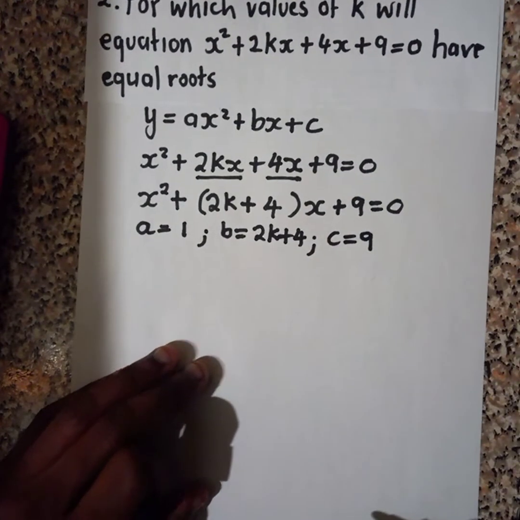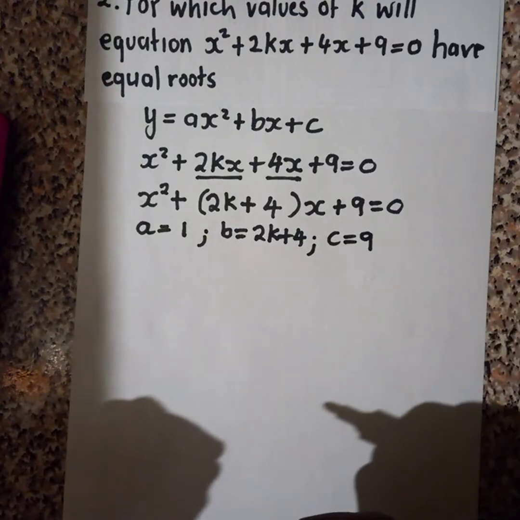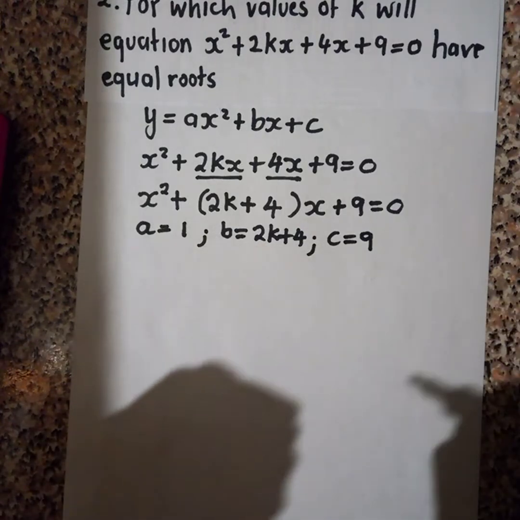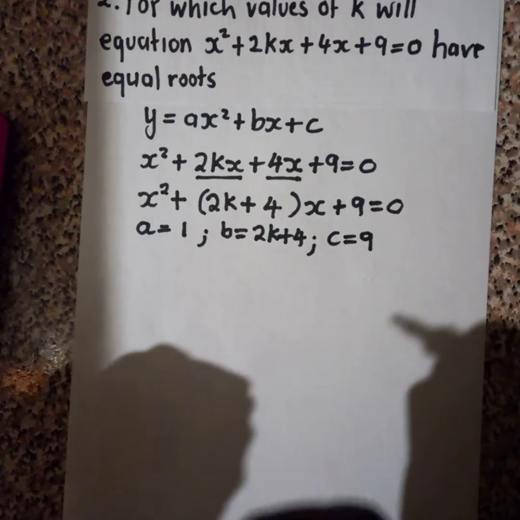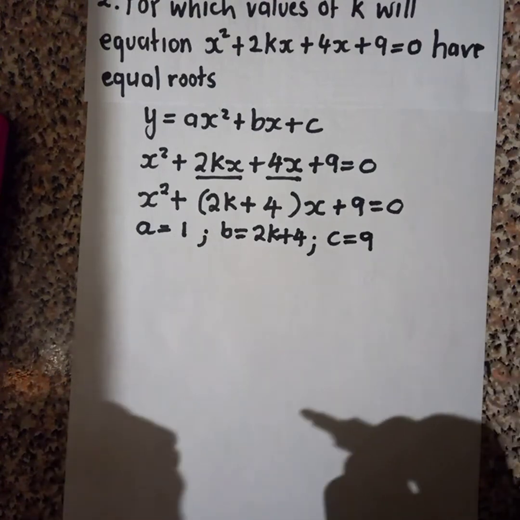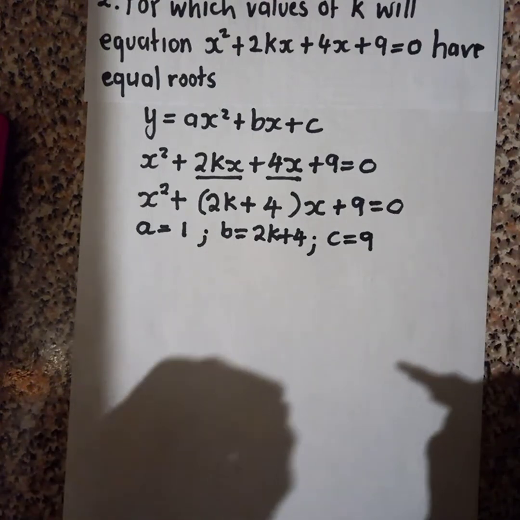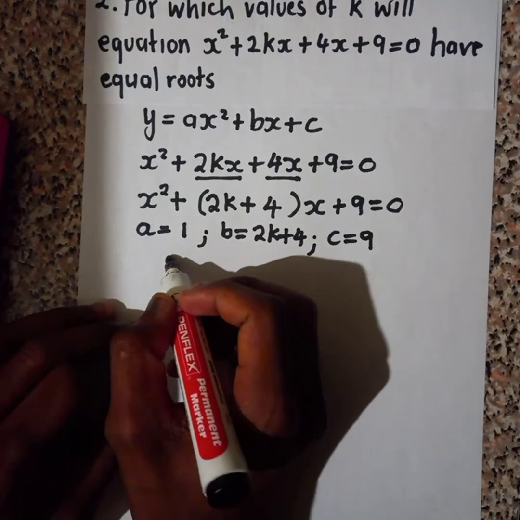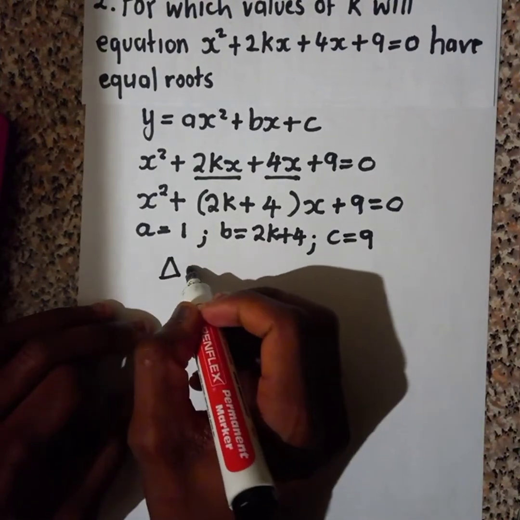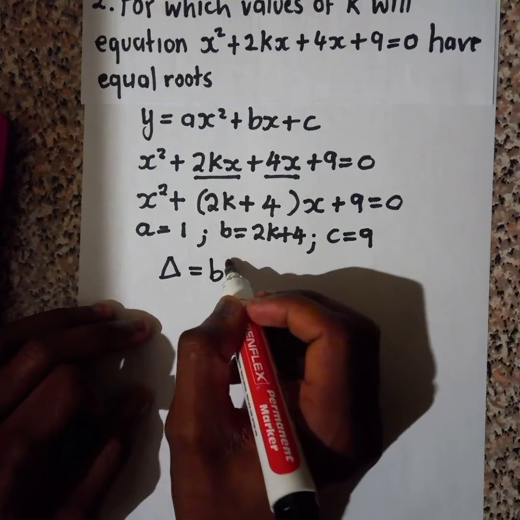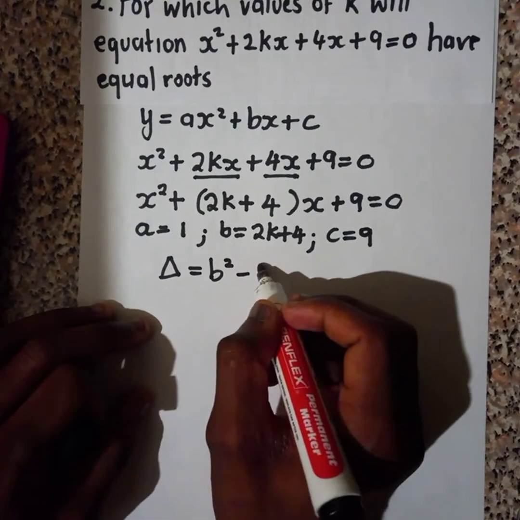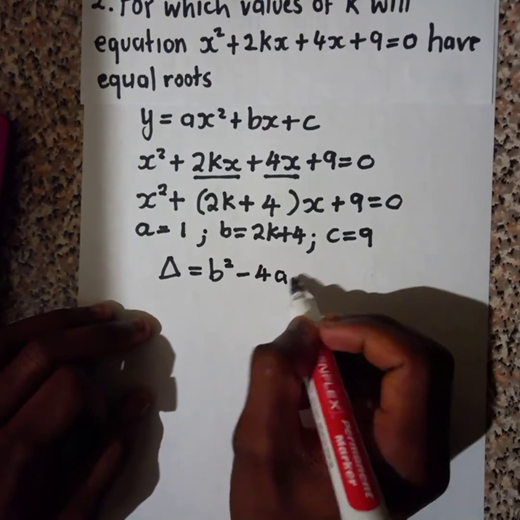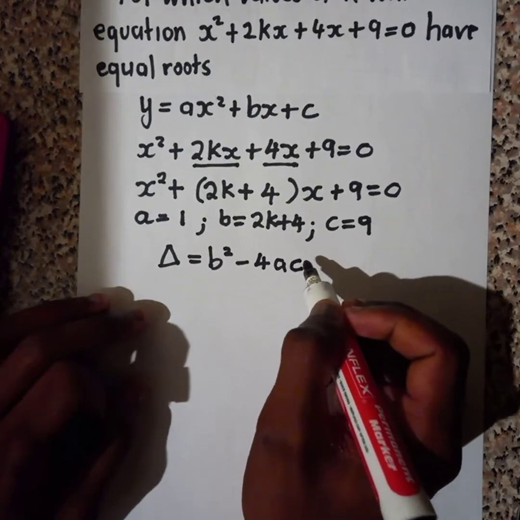From this point, we'll then use what? Our discriminant equation, for us to determine the value of the discriminant. You are going to take the discriminant formula, which is b squared minus 4ac.